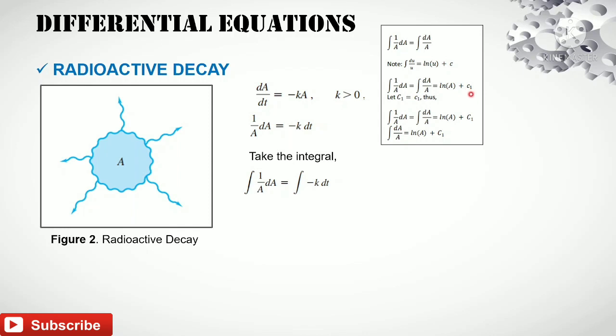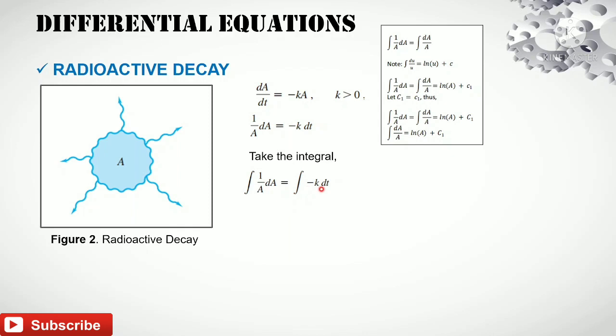This is our first constant because we are dealing first with the integral on the left side of the equation, and assigning capital C sub 1 equal to small c sub 1, we can obtain that the integral of dA over A is equal to ln of A plus capital C sub 1. As you can see, this is our integral of 1 over A dA: ln A plus C1.